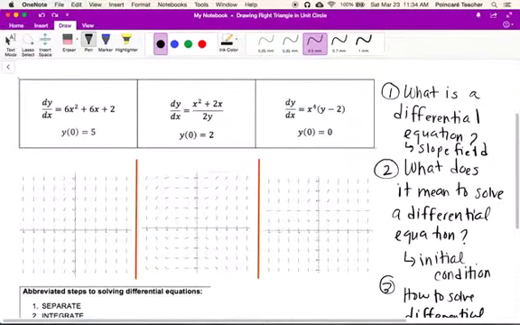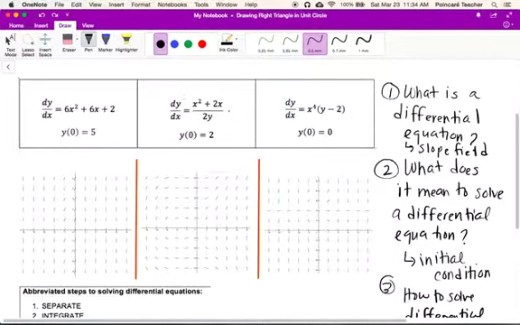Now I'm going to move on to the question, what does it mean to solve a differential equation? To solve a differential equation, we're basically trying to find the function that has this specific derivative. What function has the derivative 6x squared plus 6x plus 2? You can answer that for this one because you know the process of finding the antiderivative, using the rule: add 1 to the exponent and divide by your new exponent.